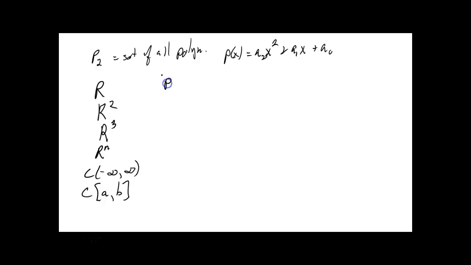Okay, P is the set of all polynomials, period. Set of all polynomials. Now P sub n is the set of all polynomials with degree less than or equal to n. Now, M sub mn is a set of all m by n matrices.